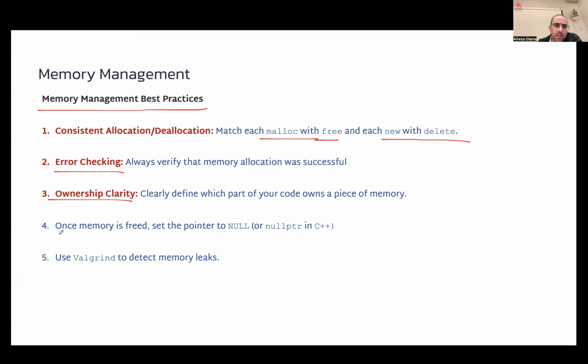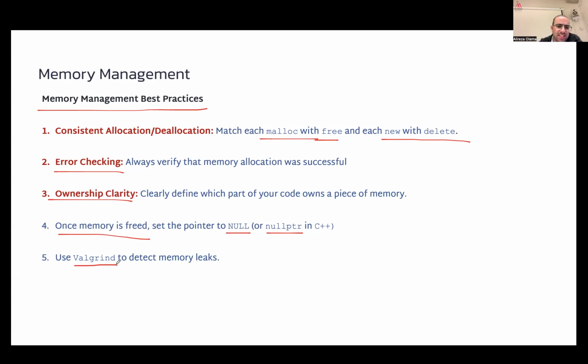And as another good practice, after you freed your memory, the pointer that you used to store the first element of that memory should be set to null in C or nullptr in C++, okay? And in the worst case, there is a tool called Valgrind that is used to detect memory leaks.